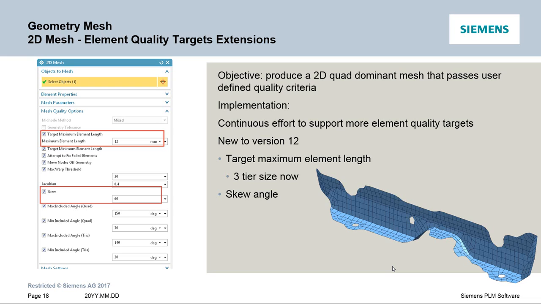We have some new capabilities with 2D meshing in the 2D mesh dialog for element quality. Here you can see we have some new capabilities for selecting limits for skew and target maximum element length.